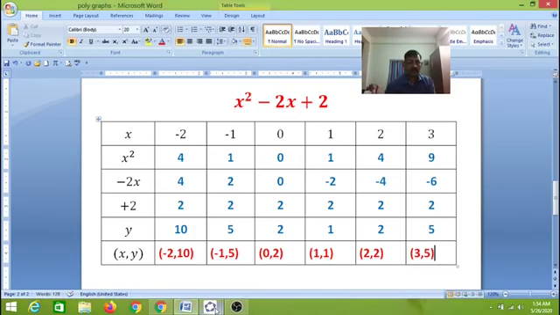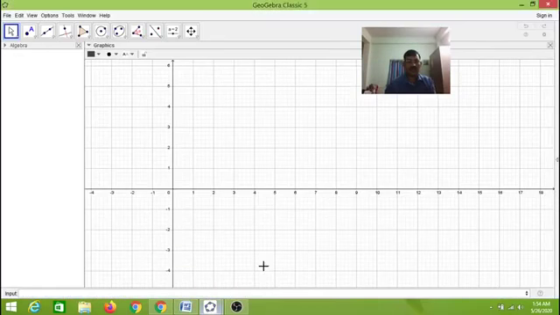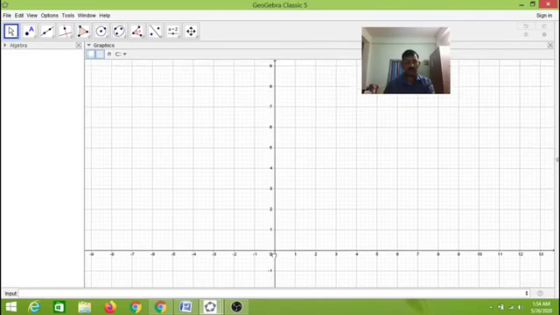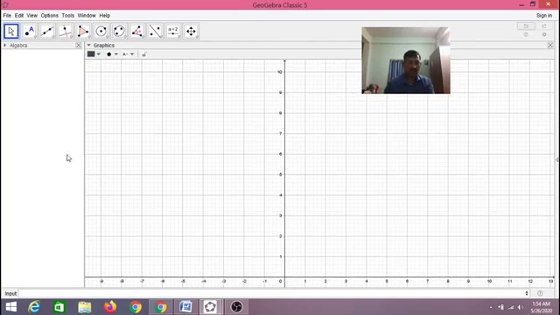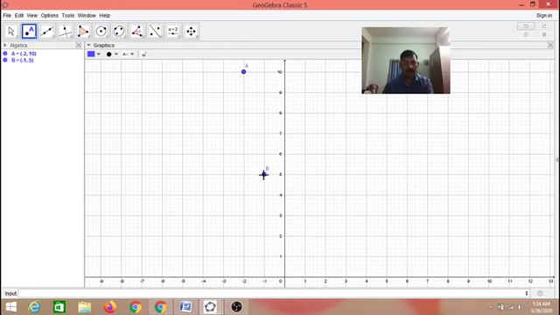Now let us see how the points will be here, right? What are the points, do you remember here? They are minus 2 comma 10, then minus 1 comma 5, then 0 comma 3, then 1 comma 1, then again, of course I think it is 0 comma 2, not 3.